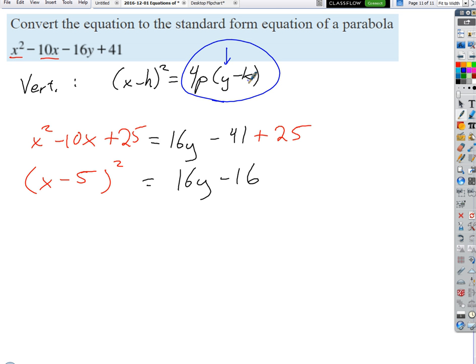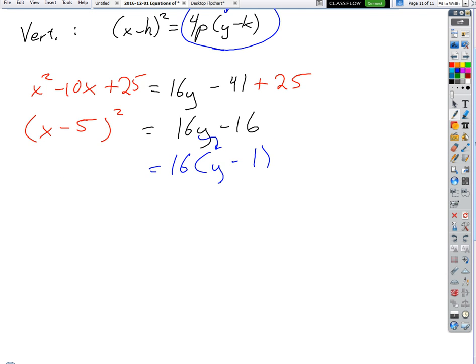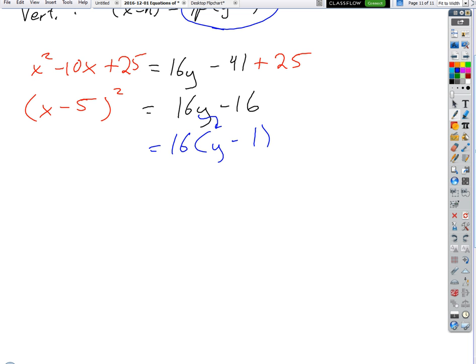I could go one step further: if I want the y to be by itself inside the factor, I've got to factor out a 16, whatever the coefficient of y is. So that's going to give me 16 times what? If I divide away a 16, what's the first term leave me with? What's the second term leave me with? And so it's in standard form then, isn't it?